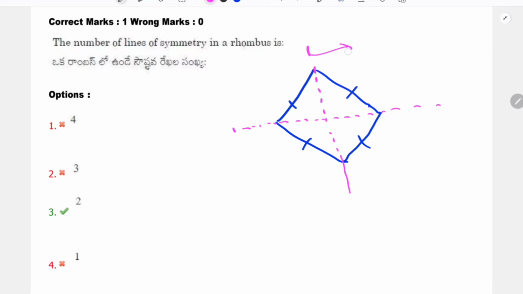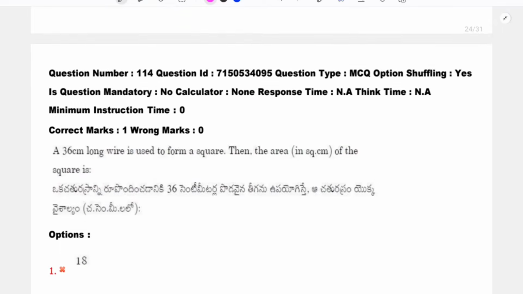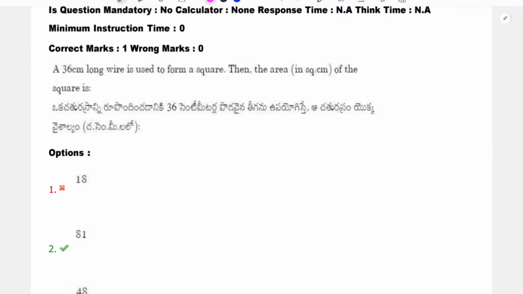So there are 2 lines of symmetry in the rhombus. Similarly, you can practice for triangle and all those things, easily available on the internet. Some more figures also you practice, because some other question may come.